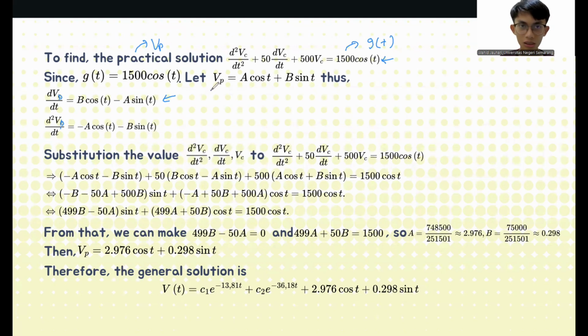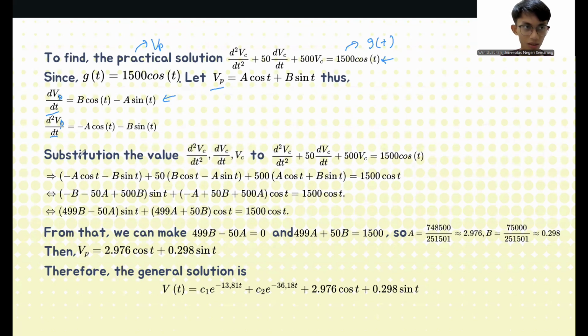Then we substitute these values into the equation. So we have negative A cos t minus B sin t plus 50 times (B cos t minus A sin t) plus 500 times (A cos t plus B sin t).